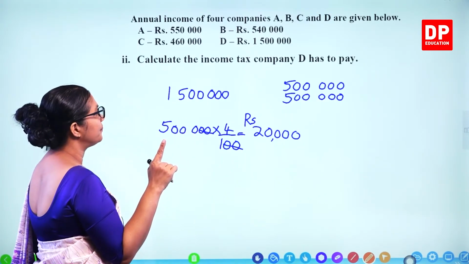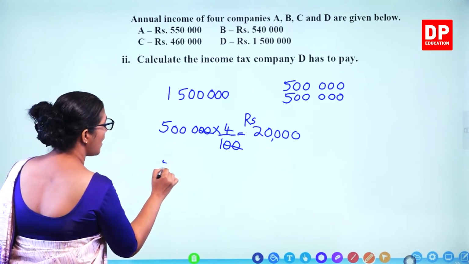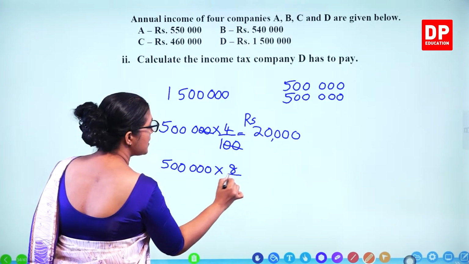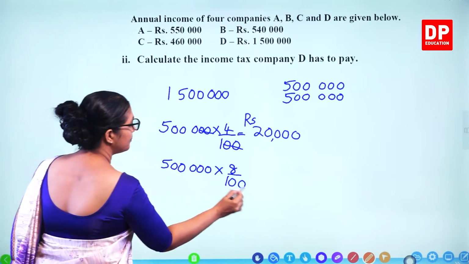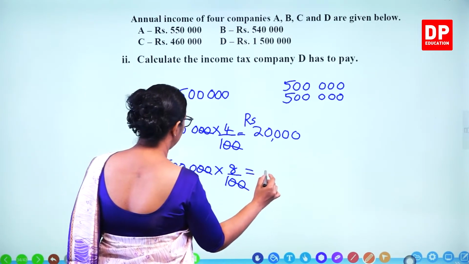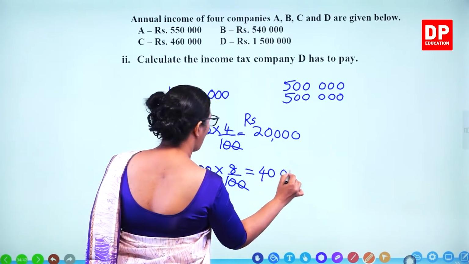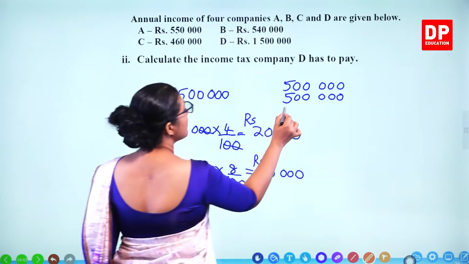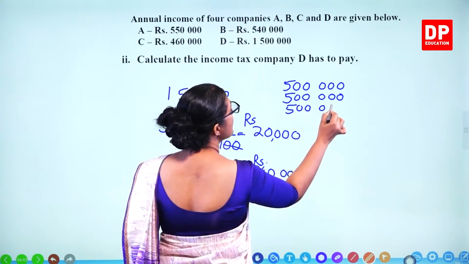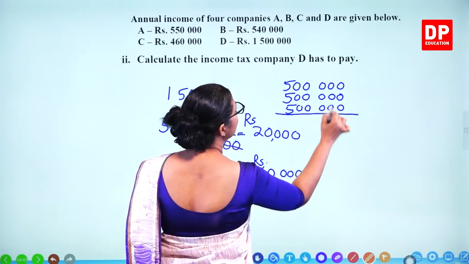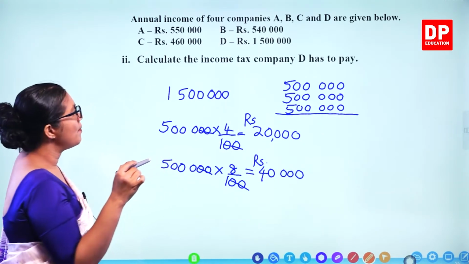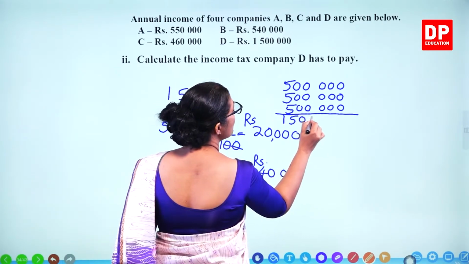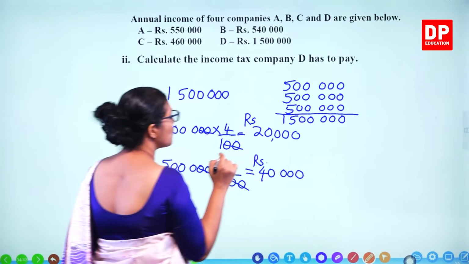So now 1,000,000 altogether. The next 500,000, that's 8%. 40,000 rupees. Then this is 500,000 rupees. So now altogether how many? 1,500,000 rupees. So that's how you can find the tax value.